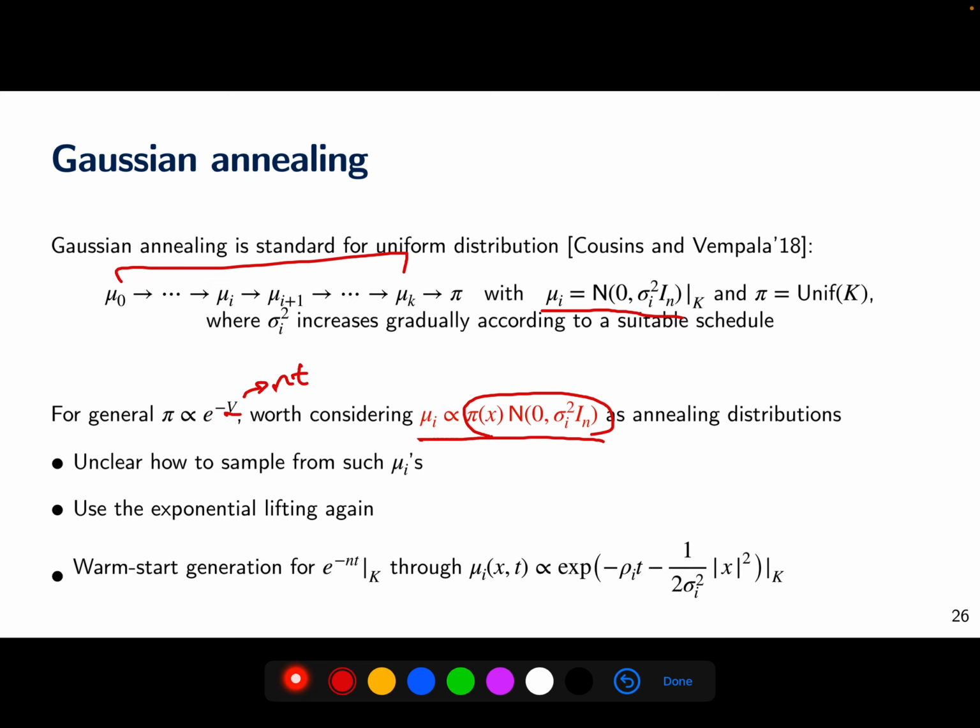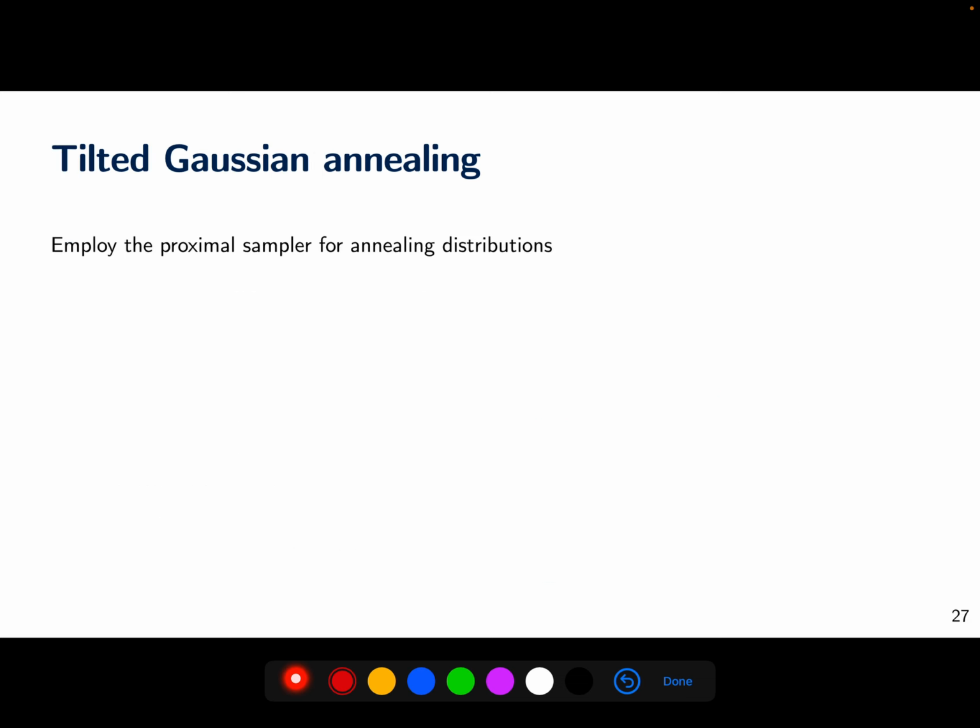So our approach in general is that you want to generate a warm start for this lifted distribution, and the annealing distribution is given by this. As compared to Gaussian annealing for the uniform distribution, now we have two parameters, rho i and sigma i squared. We call it tilted Gaussian annealing because you also have the tilt exponential term as well.